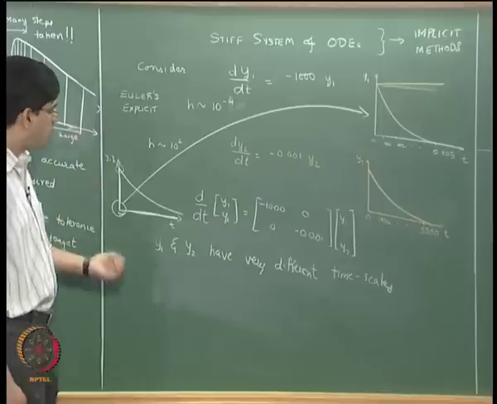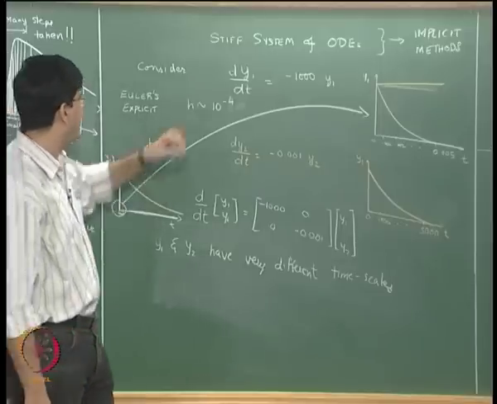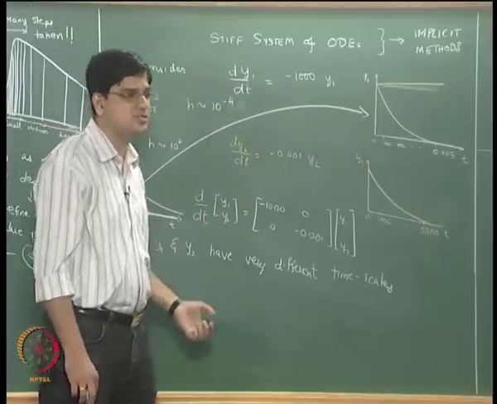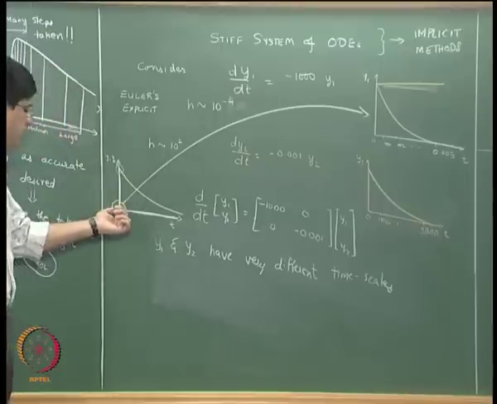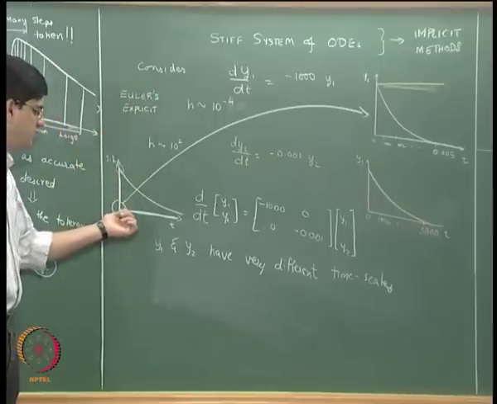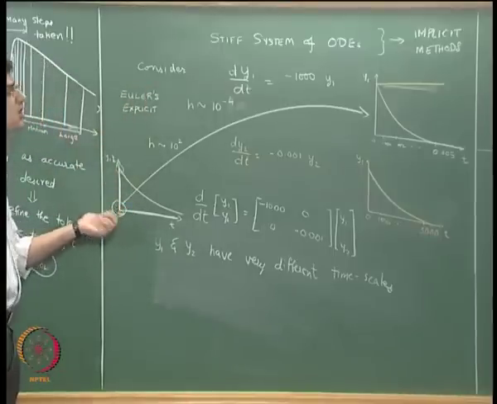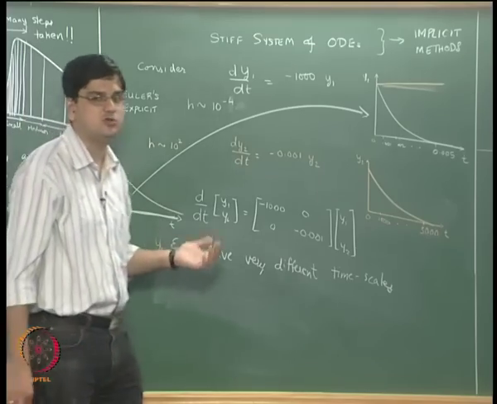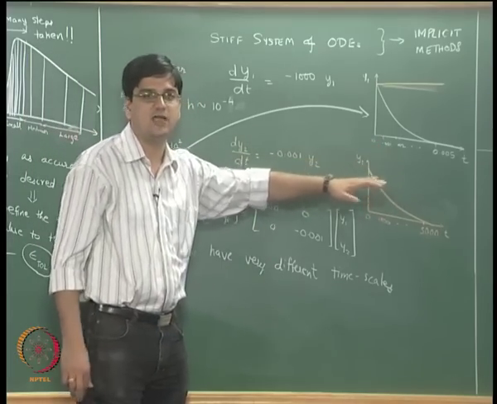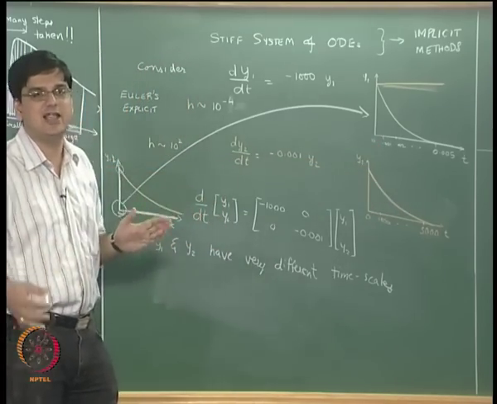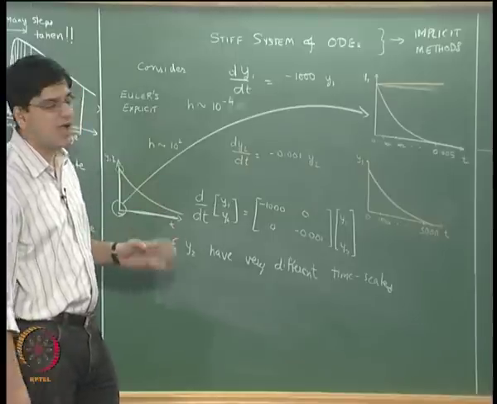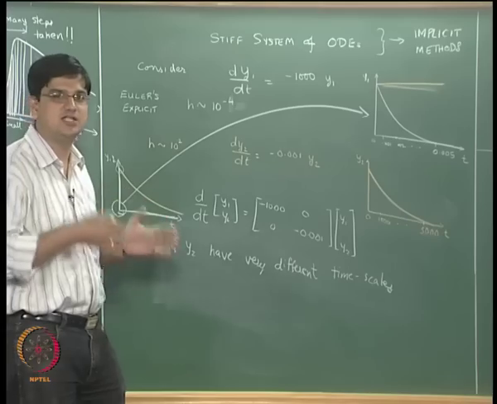Now, why we require an implicit method and not an explicit method is that even if we use adaptive step sizing with an explicit method, the solution would not have gone to 0 in a finite amount of time. When we start taking larger step sizes, the solution is going to be unstable.